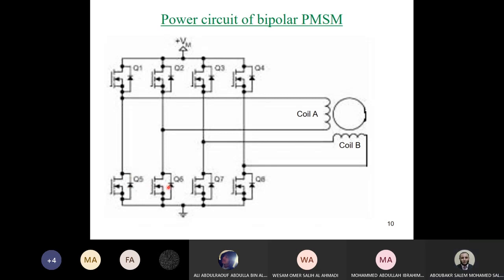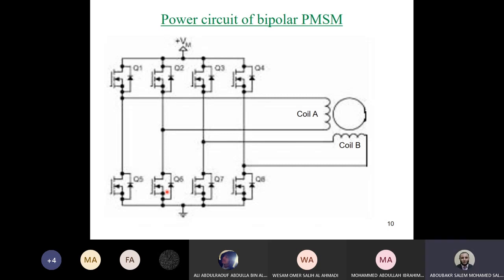So we need 4 switches for each coil. It's the same as the 4-quadrant operation of a DC motor. We need a full H-bridge or 4-quadrant circuit in order to reverse the current in the coil.